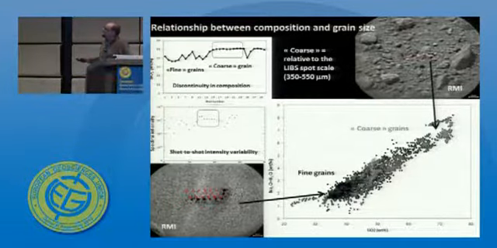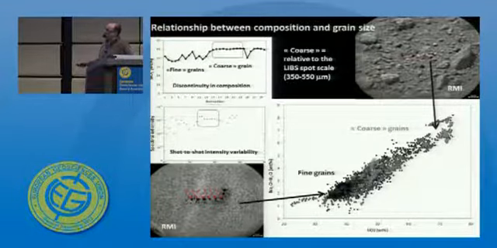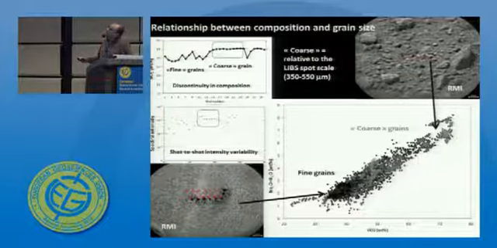So on the same plot where we have all the shots, we see in the light gray tone all the coarse grain shots, and the black points are the fine grains. How do we disentangle between the two? When looking at the spectra, we say we have a coarse grain when either the composition or the intensity is more or less constant. When it varies a lot, we say we have a fine grain.